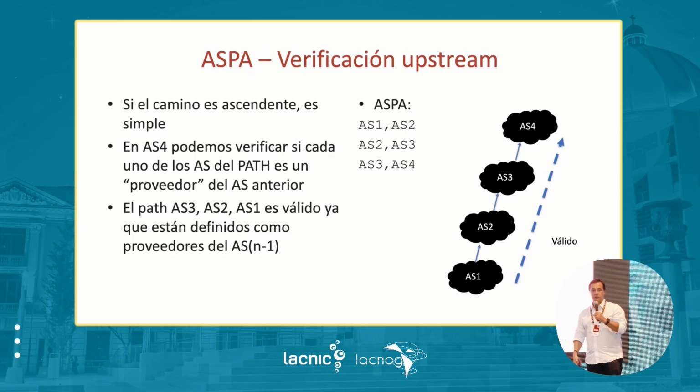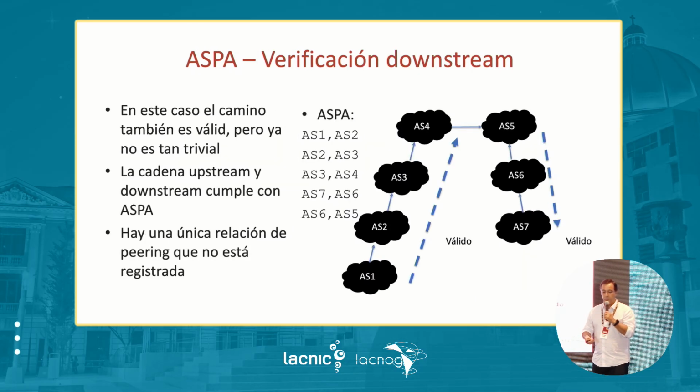So that allows us to check the full path. Basically, that's what ASPA does. It is a bit more complex when there is uploading and downloading. It is not that trivial because we need to check the upward chain and this one as well. And there could be cases where ASPA objects are not declared, like between 4 and 5.